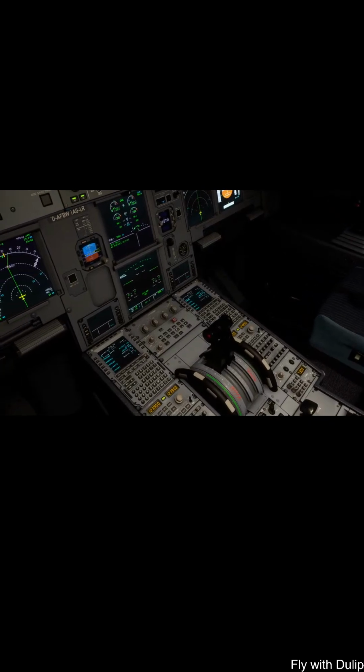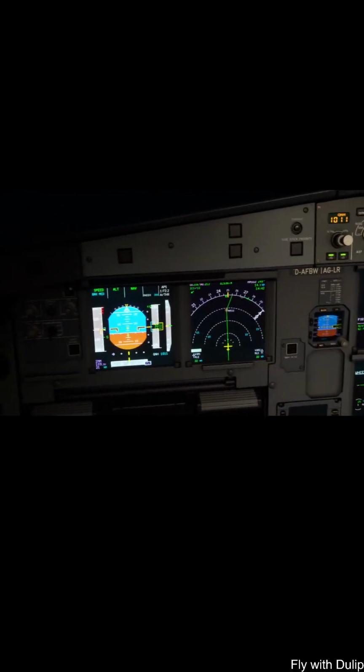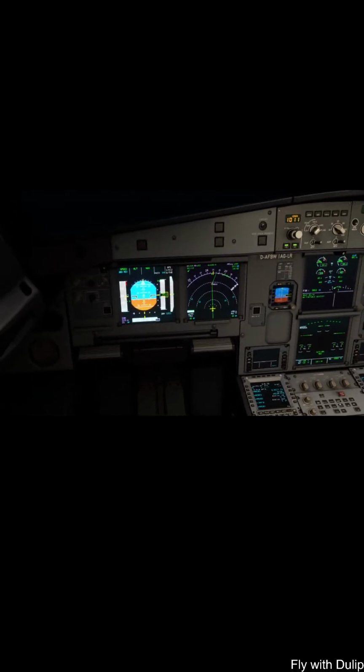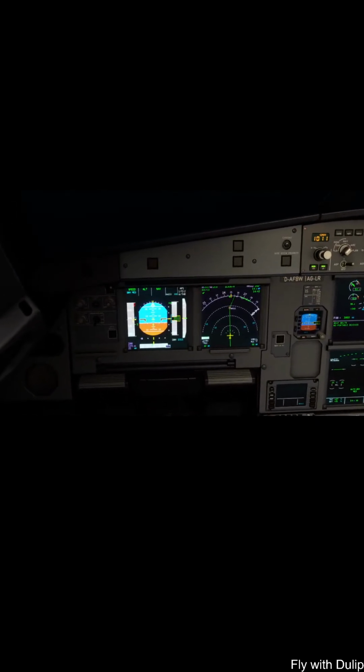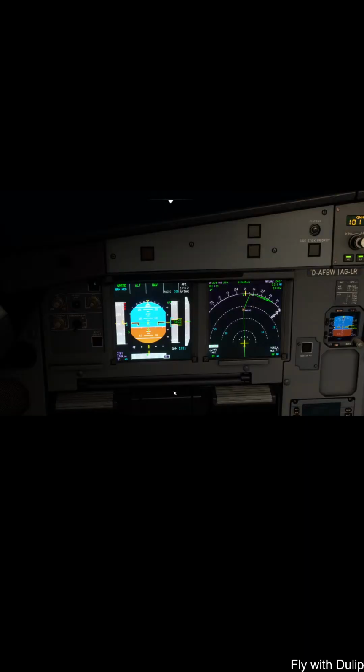Checking the wheel page. All green. We can be there at this page. SriLankan 103, you can descend to 2000.